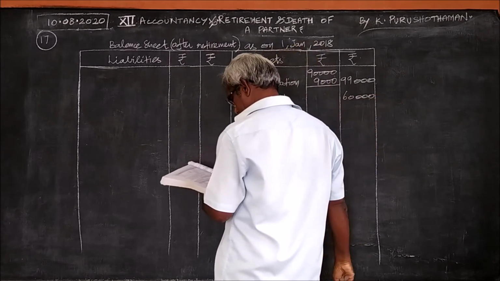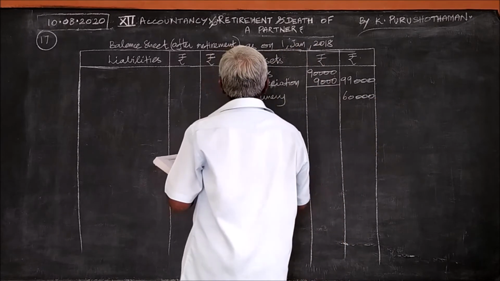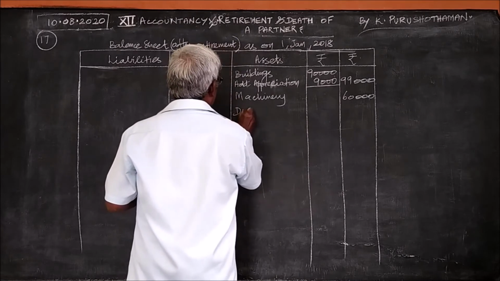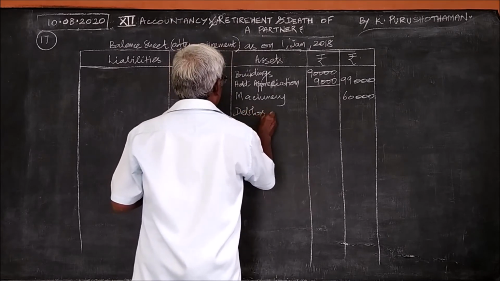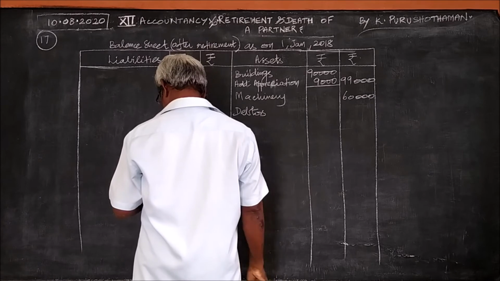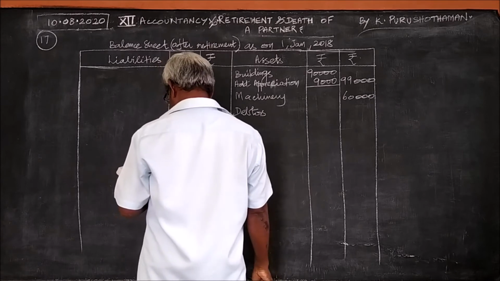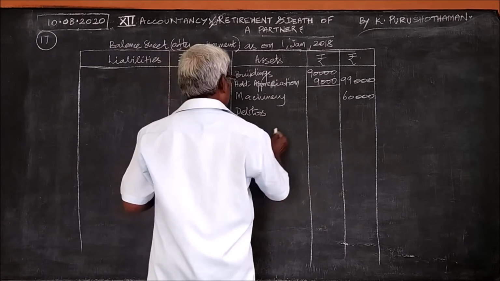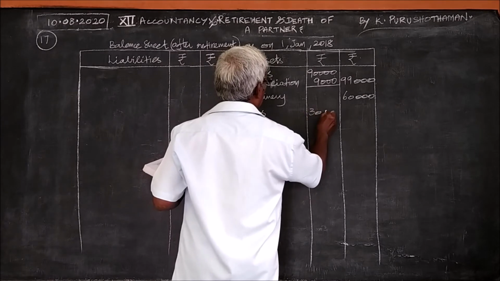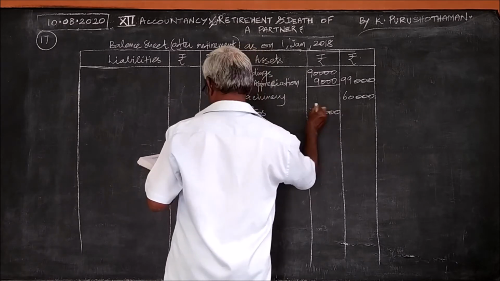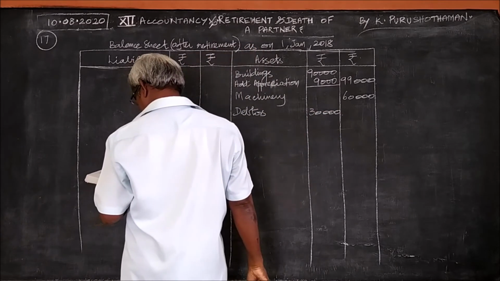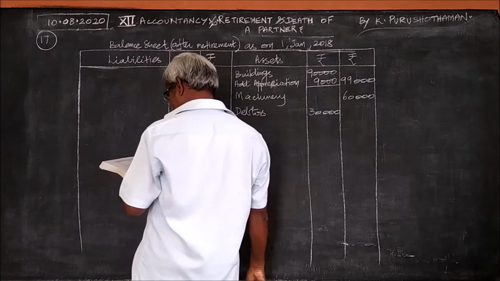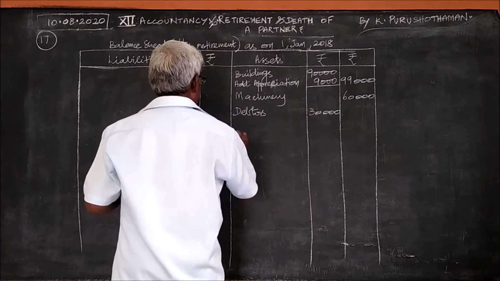Then the next item is debtors. Debtors, there is an item related to it. Debtors 30,000. The item number 3, provide 1,000 for bad debts.